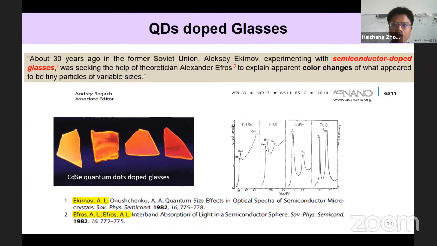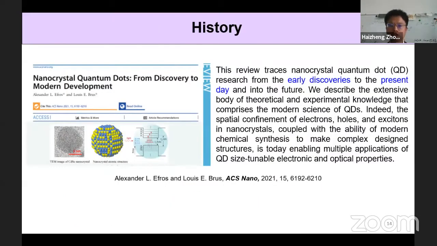Here I would like to recommend a short review paper from ACS Nano, just published a month ago, which was written by Professor Alexander Efros and Louis Brus. This review paper traces nanocrystal quantum dots research from the earlier discoveries to the present days and into the future. They describe how quantum dots were discovered and also the milestones during the development.